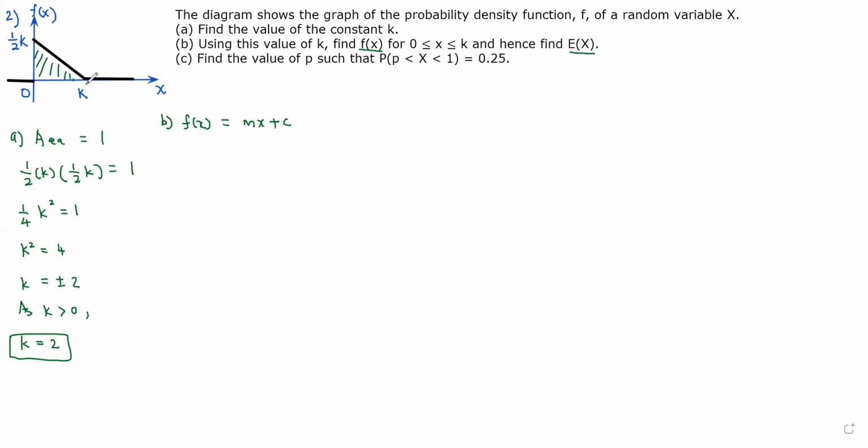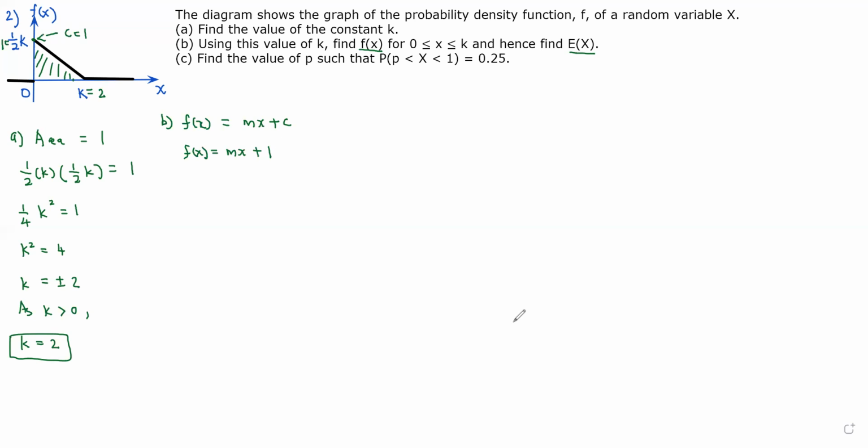Since k is 2, this is 2, and that is 1. We know that the y-intercept c is 1 here. So from here, f(x) is mx plus 1.